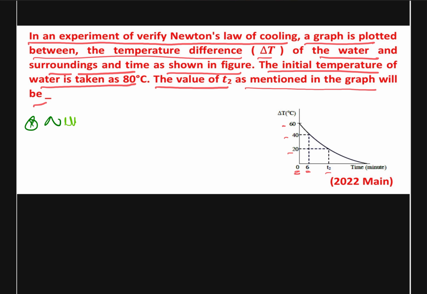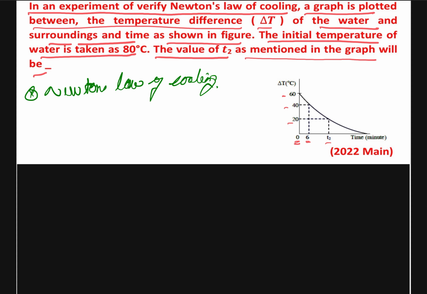So we can say our Newton's law of cooling, and we are going to write it in the differential form because we are interested in this temperature difference. So we can write Newton's law of cooling in differential form.